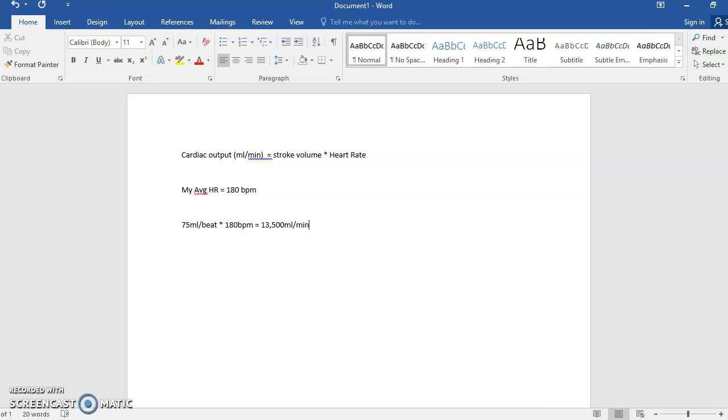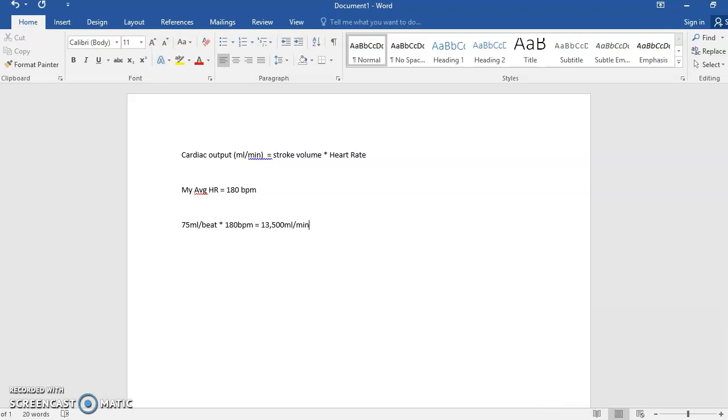So that's quite a large number. Obviously, if your heart rate is lower, then that number will not be as big because your heart is still pumping, but it's not beating as often. So that will change per person. No one should come up with the same answer unless you just happen to have the same heart rate, which I'm hoping that not everyone in the class has the same heart rate because I know better.